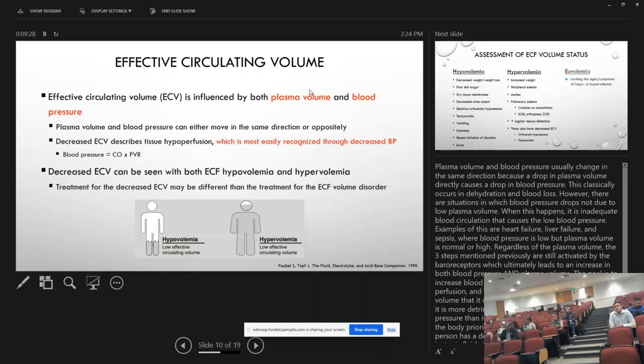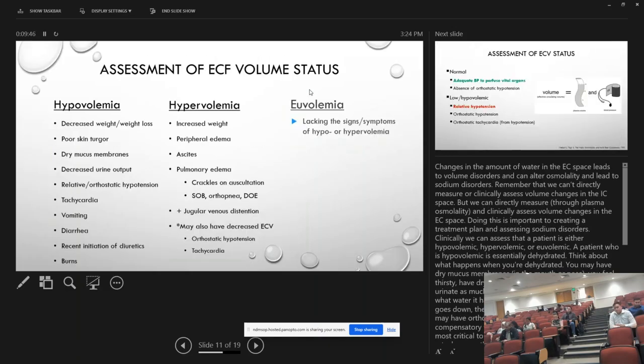There's blood loss, so hemorrhagic shock, any type of distributive shock, anaphylactic shock, in general will give you hypovolemia and decrease intravascular volume. Dehydration is hypo, not hyper. Hypovolemia.